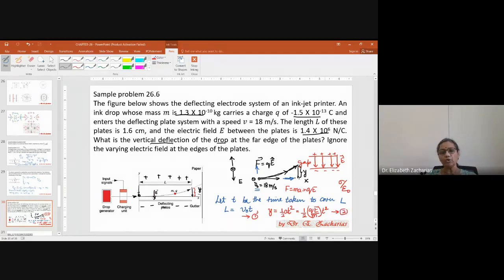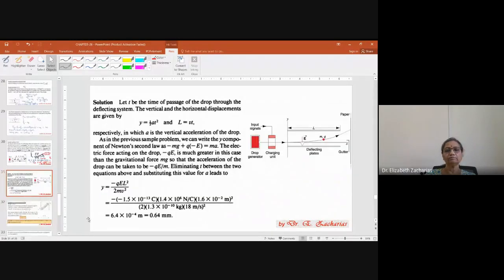Now, I don't know t. But I know V naught, I know my L. So, can I not eliminate my t square in equation 2 by using equation 1? Let us try to do that. So we can get rid of t square.